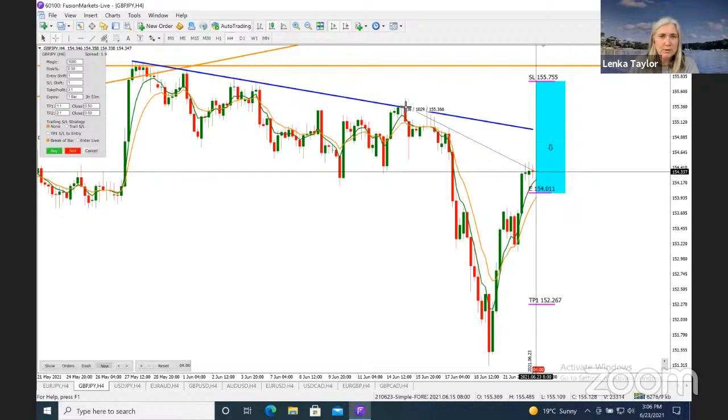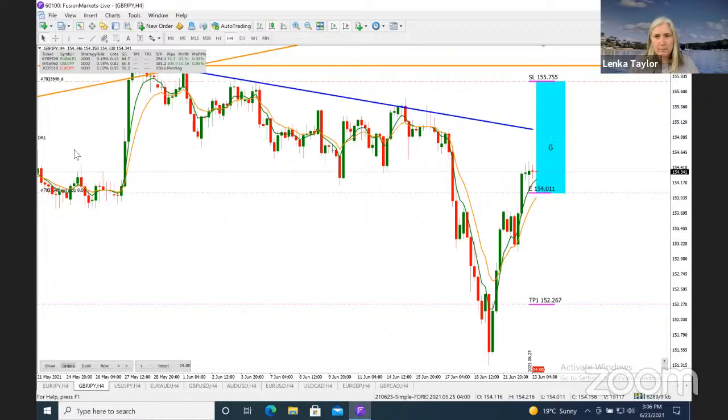So that's 36. All right, so the entry and exit criteria are the same as before. I'm still looking for a short on that one. Right, so that's GBP JPY for short.